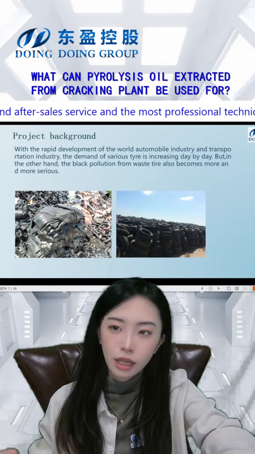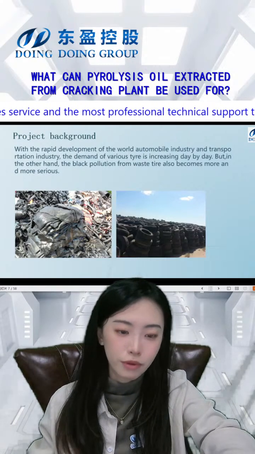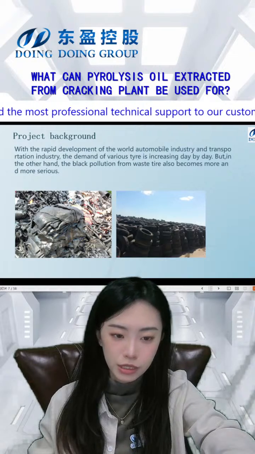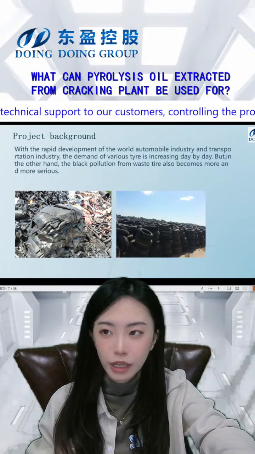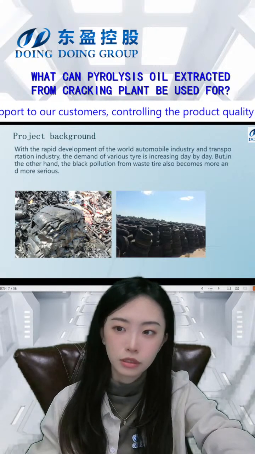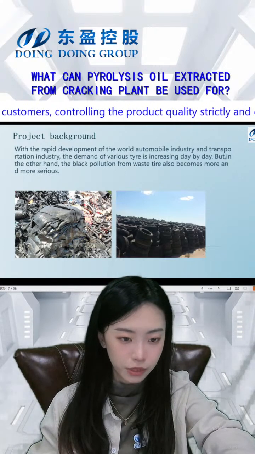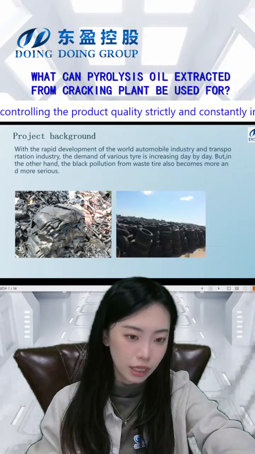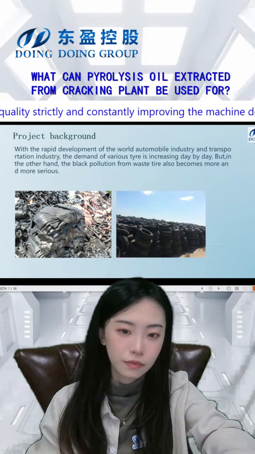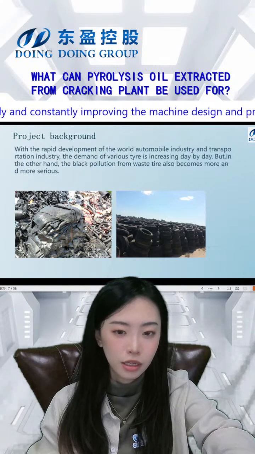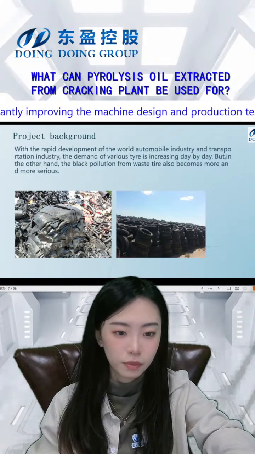If we just throw it away randomly, we have pollution of the environment. So like this waste tire, we call it black pollution. Then if we deal with them and recycle these things to get the fuel oil, it's very environmentally friendly and has a large market of profit.